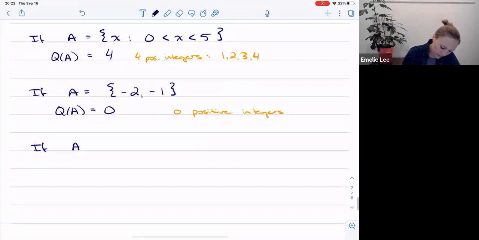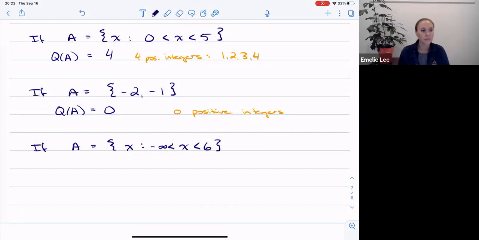What if A is the set of x such that x is going from -infinity up to 6, but not including 6? Remember, we're talking about positive integers, right? And so from -infinity up till 0, there are no positive integers, there are only negative integers.